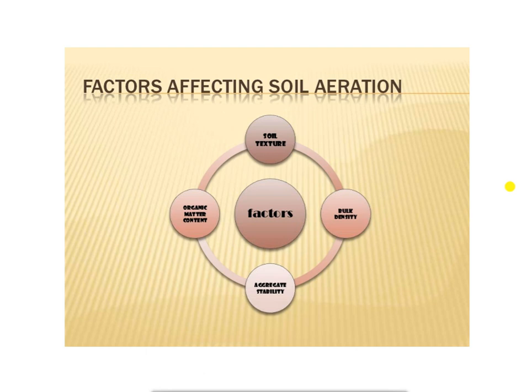When it is at moist level, there will be more rapid movement of gases between soil air and atmospheric air. Then organic matter content: with an increase in organic matter content, soil aeration increases. As the decomposition process of organic matter starts, it will increase rapid movement of gases between soil air and atmospheric air. These are the most important factors which affect soil aeration.